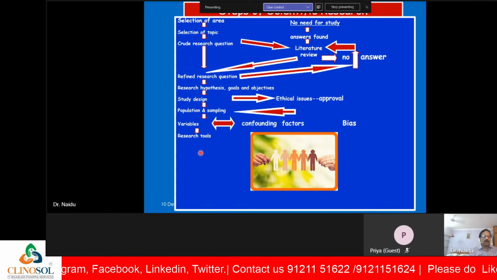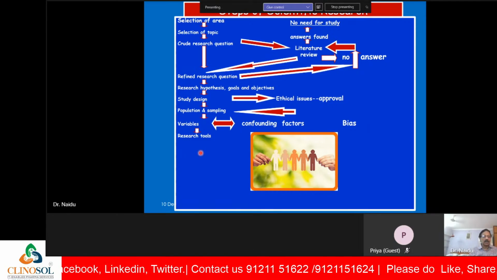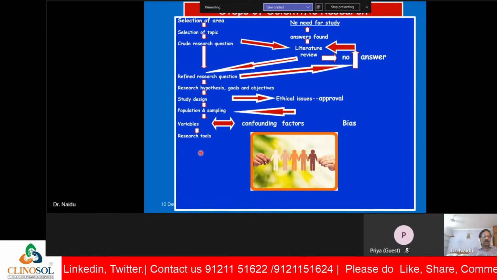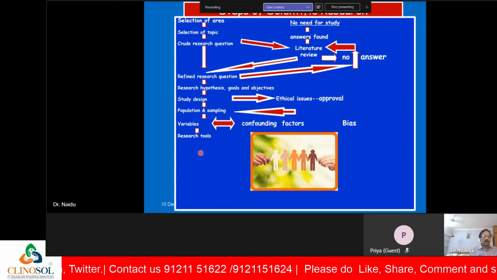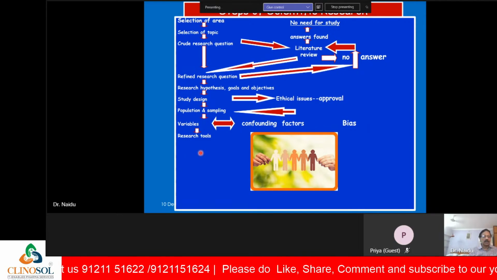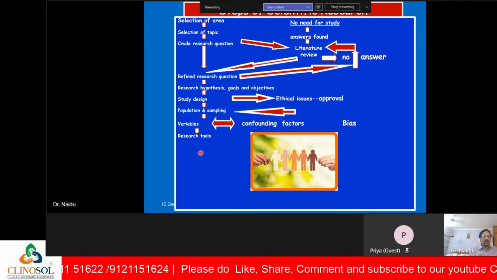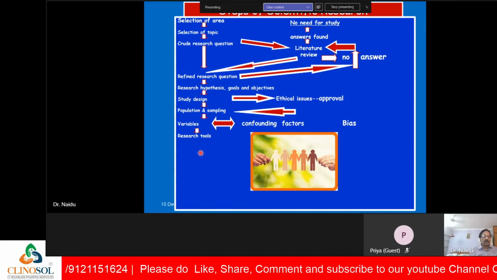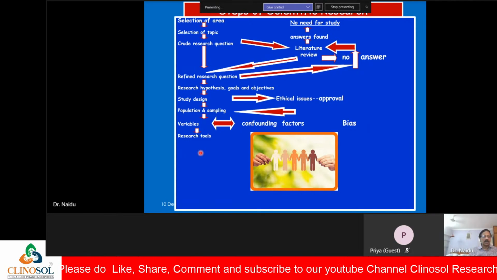And once interpretation is there, the final thing is that you get your report. So these steps are very, very important and one should be very careful in following them for research planning. This slide is very important for you to understand and follow this path to come to this stage.